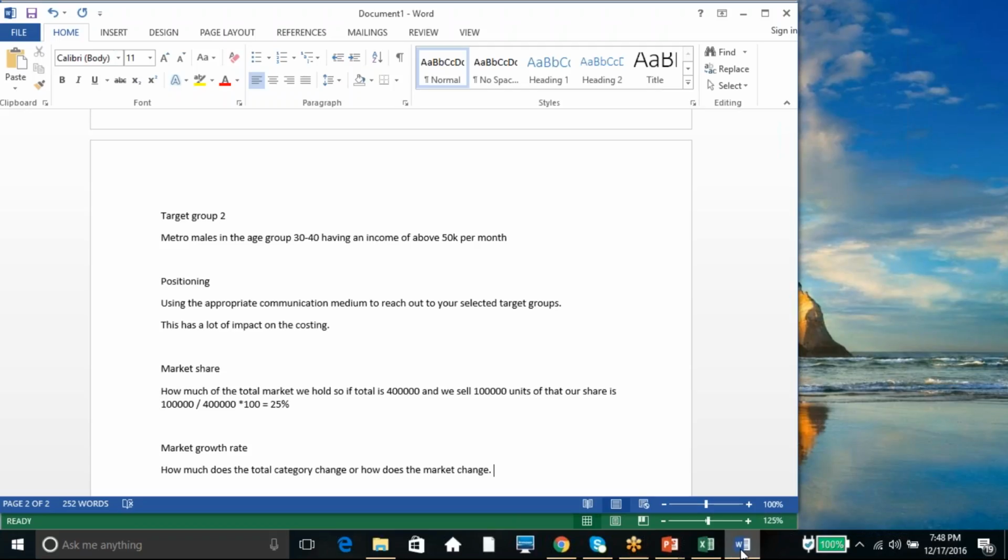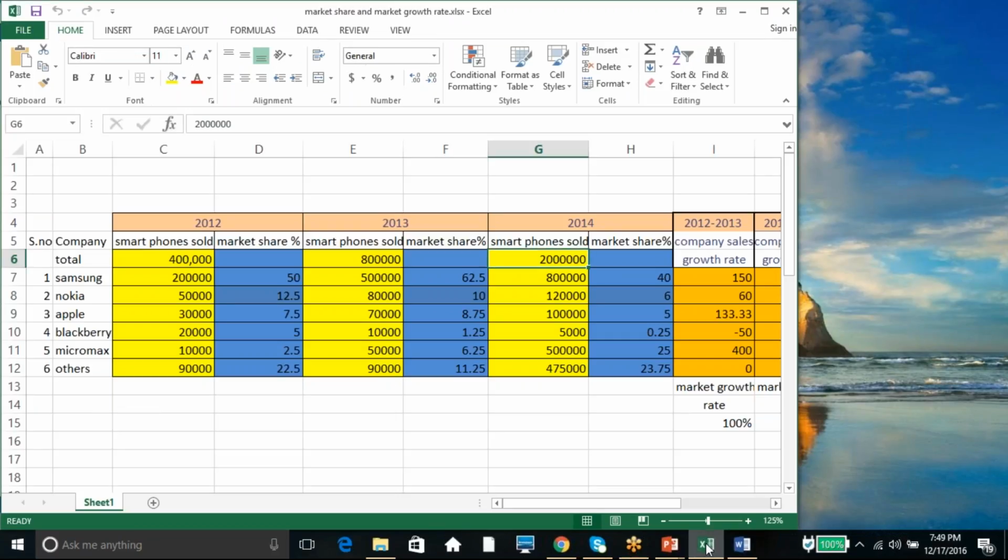At the same time, if Nissan stops its production, the entire market is unlikely to be impacted at all. So your market share is important from how much of the market you are driving. But the market growth rate has nothing to do with what you are doing, but more to do with what the rest of the competition is doing. Okay, so that's market growth.